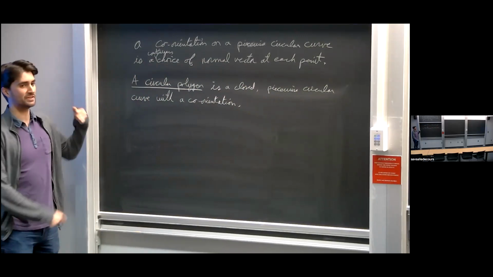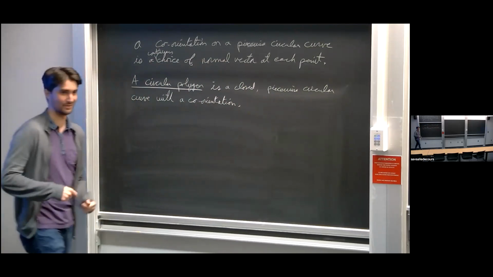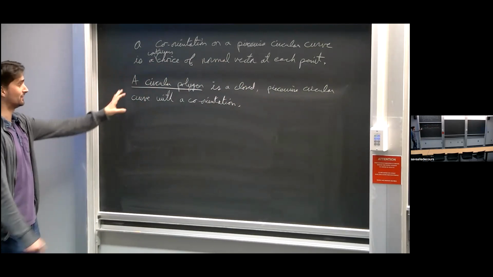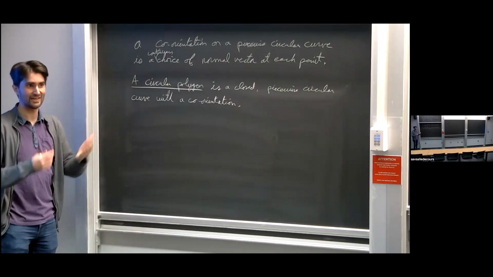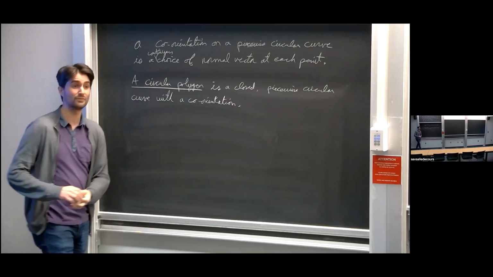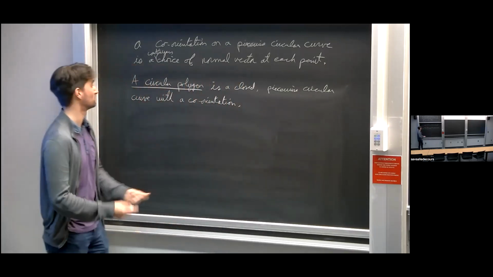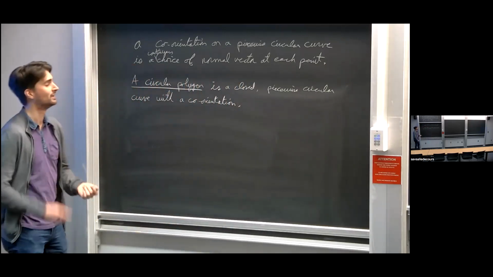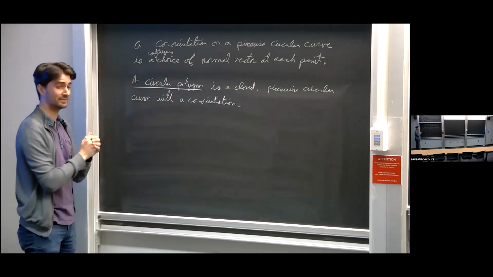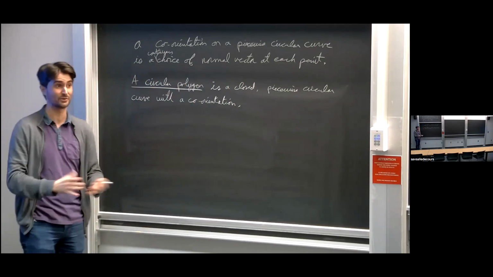Now, I'm interested in a sort of classification theorem for these. So what can we say about the moduli space of these things? In order to make that question formal, I should define the moduli space, and for that, I need to choose what will be my equivalence relation on circular polygons. So you could, for instance, ask what is the moduli space of all circular polygons up to isometry of the sphere?